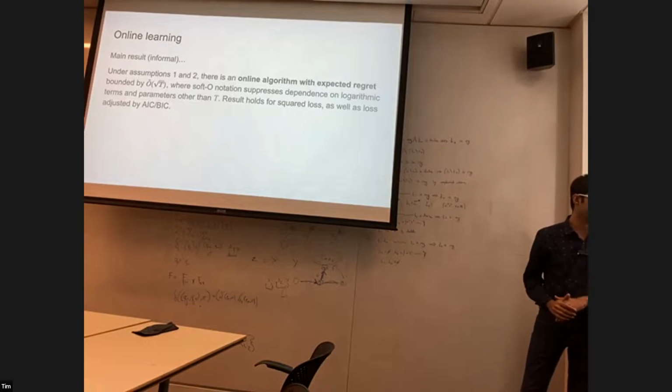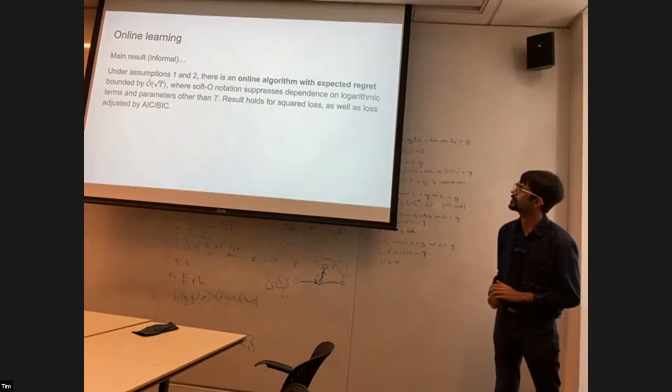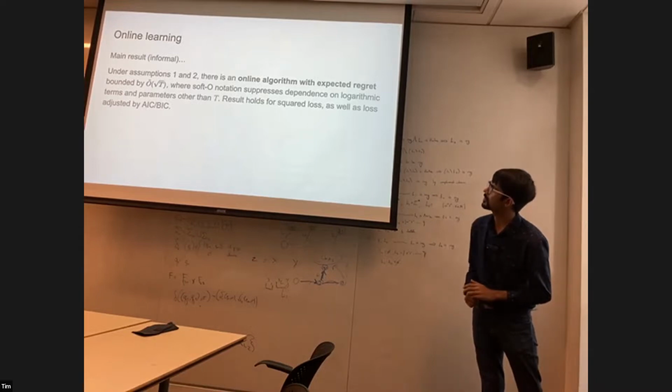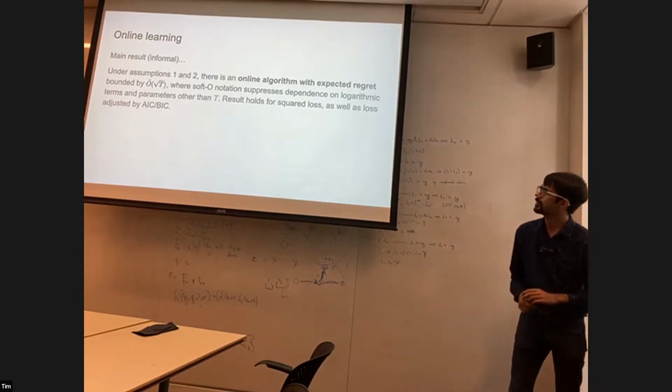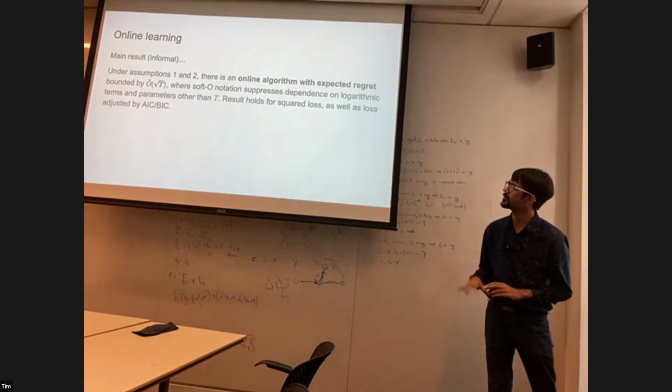So under these two assumptions, we show that there is an online algorithm which has expected regret bounded by square root of t. I have suppressed terms which are logarithmic in t, and other parameters which are polynomial, but I've suppressed the dependence there.